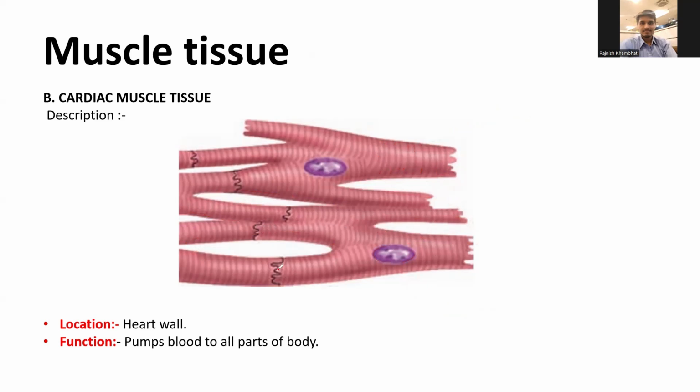Then this portion, this portion, this portion is called the intercalated disc. For example, this is one structure, and this is the intercalated disc. So this is one cell. See, I will draw it for you.